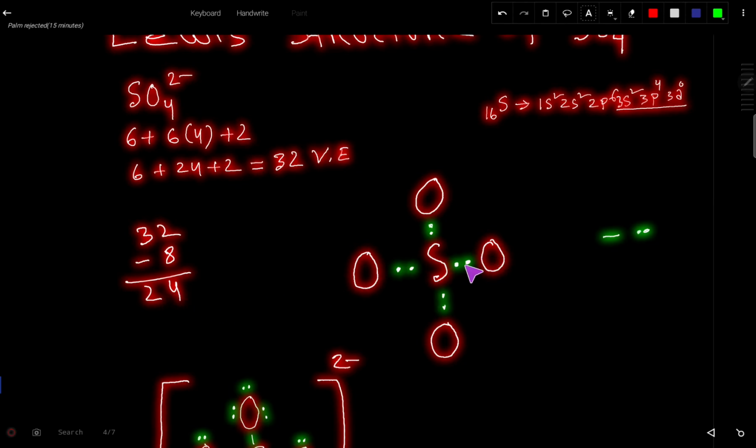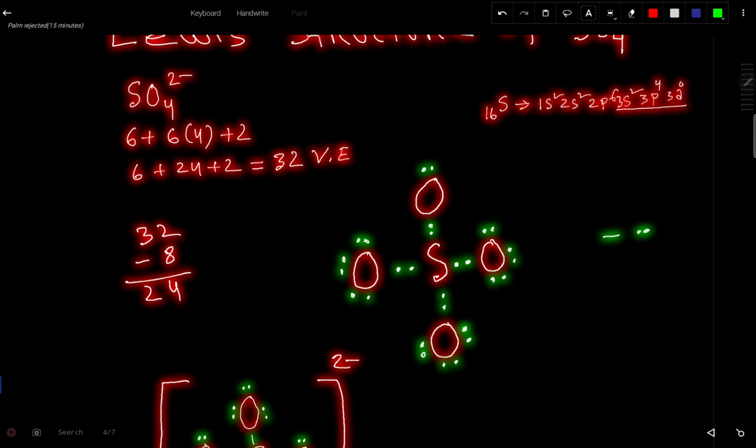So this oxygen has 2, so this oxygen will take maximum 6. This oxygen also will take maximum 6, right? So we have used here 6, 6, 12, and here we have used 6. 6, 6, 12 plus 6, that is 18.